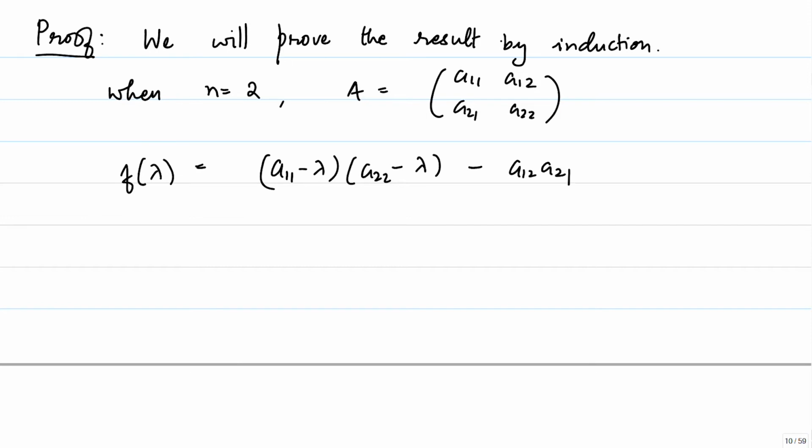This is exactly what we were trying to establish. Notice that minus A12 A21 is a polynomial of degree 0, which is 2 minus 2. So yes, it is in P_{n-2} of R.